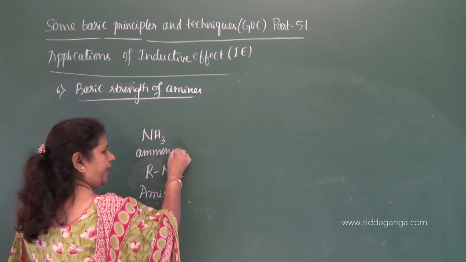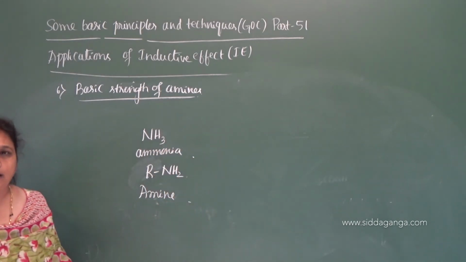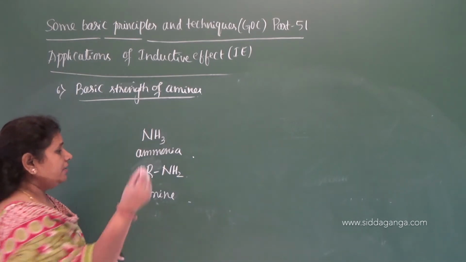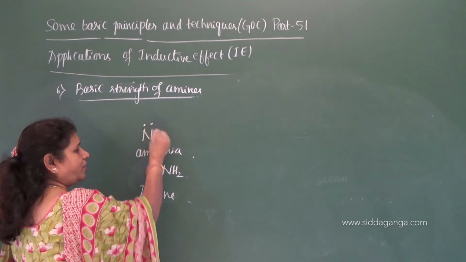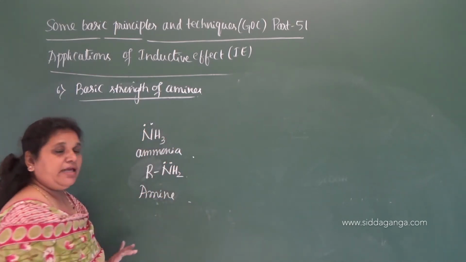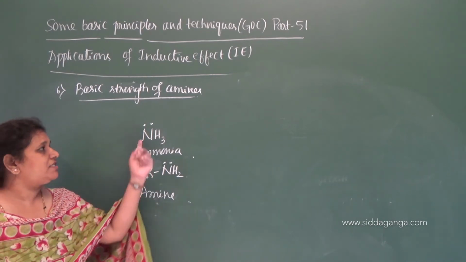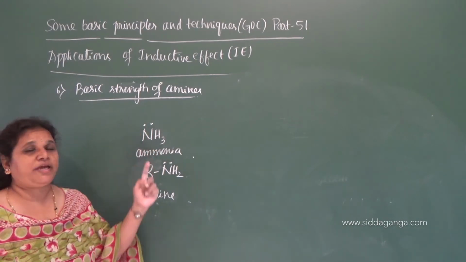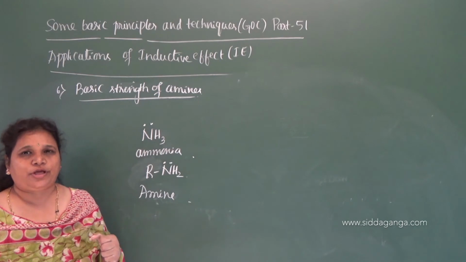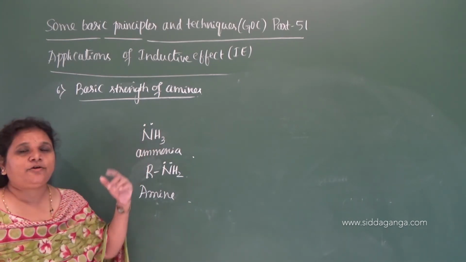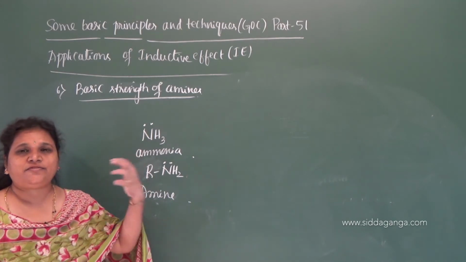Ammonia and amines are bases. Why are they bases? Because there is a lone pair of electrons on the nitrogen. These lone pairs are available for protonation, which means that by giving this lone pair of electrons, they can receive the proton.